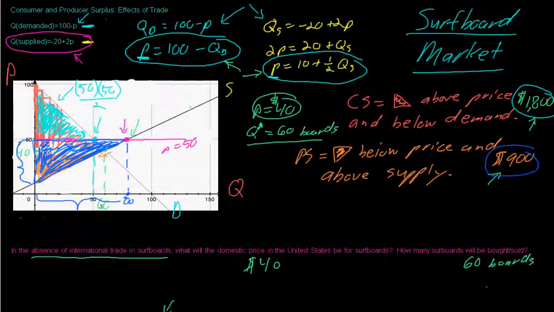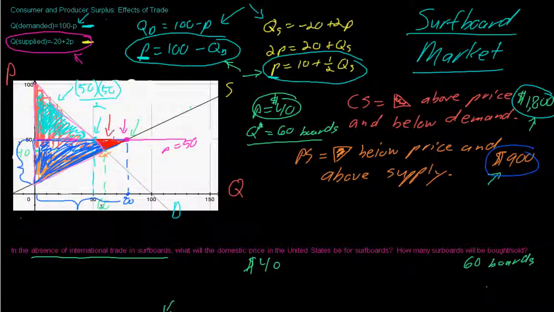So the last thing that I want to point out here, and we'll do it in a red, is that this triangle right here is the total gain in surplus from trade. Because, as you can see, this entire area right here, we'll choose a pink, was the same amount of surplus that we had beforehand. That was the surplus when we had no trade, but we gained this red part by trade.